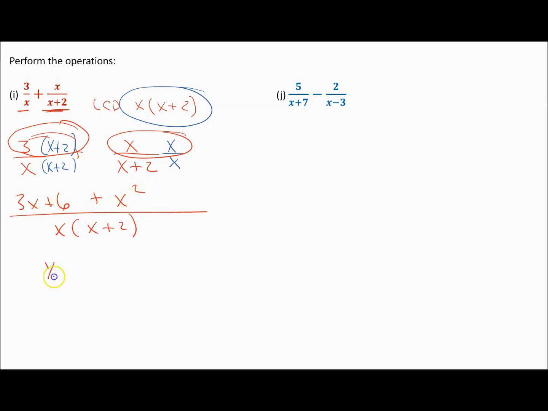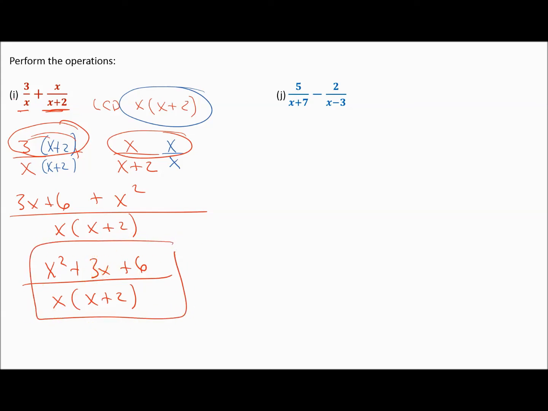So I'm just going to rewrite this as x squared plus 3x plus 6 divided by x times x plus 2. Now my next step would be to factor the numerator if possible. The denominator is already factored. But there are no numbers that multiply to be 6 and add to be the middle term 3. So this is completely simplified. Then we move on to our next problem.